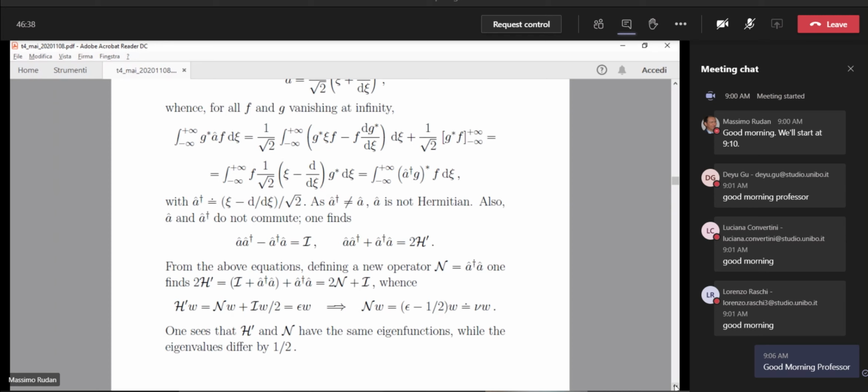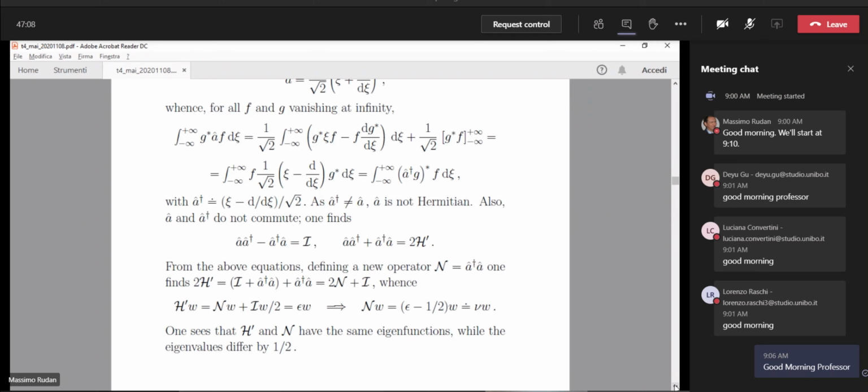So if we succeed in solving the equation for the number operator, then we shall obtain automatically all the eigenfunctions of the Hamiltonian and also all the eigenvalues of the Hamiltonian. Okay, and we shall see that solving the eigenvalue equation for the number operator is relatively easy.